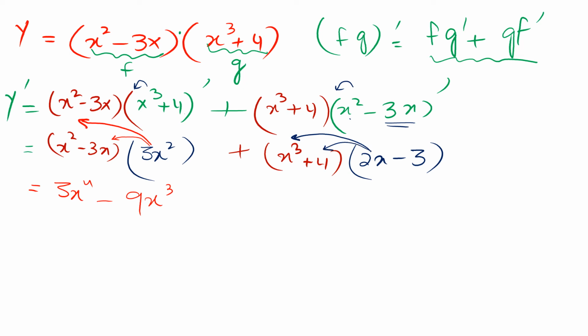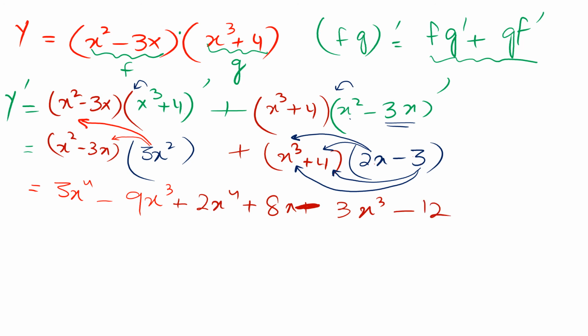So 2x times x cube, you will get 2x to the power 4. 2x times 4, you will get 8x. Now multiply this 3 with the 4 and this negative 3 with the x cube. So what will you get? Negative 3 times x cube, you will get negative 3x cube. Then negative 3 times 4, you will get negative 12.